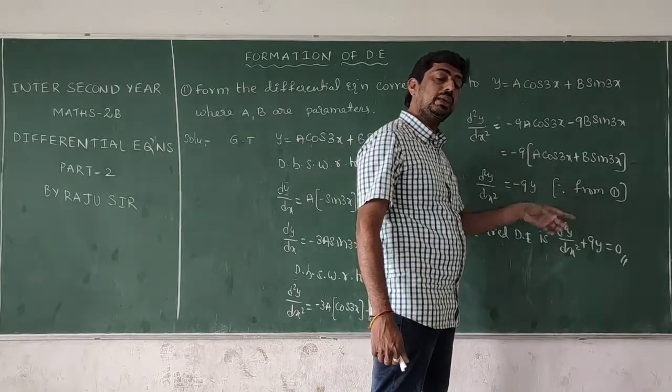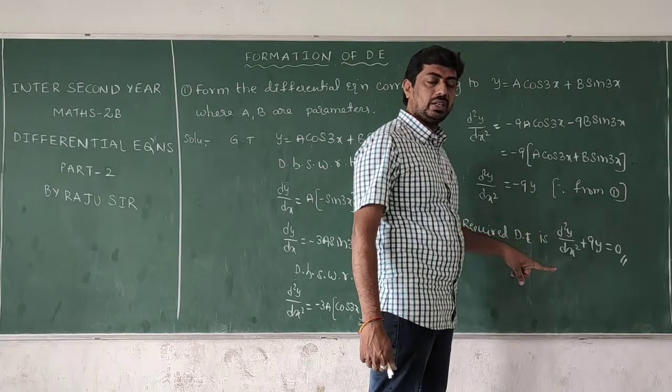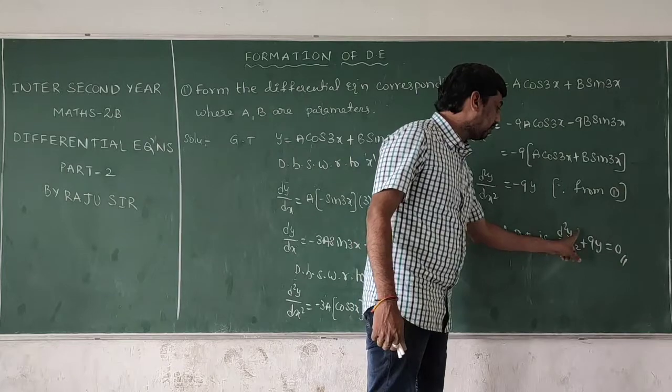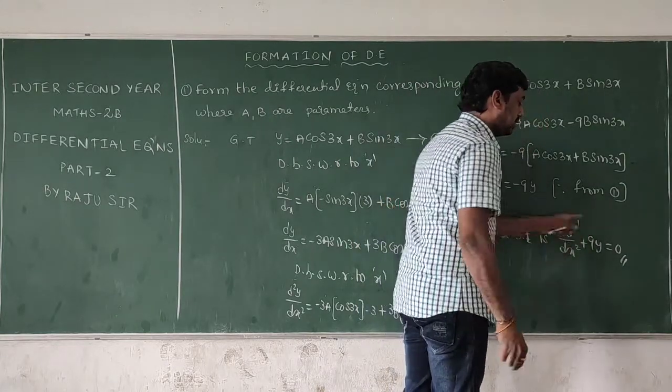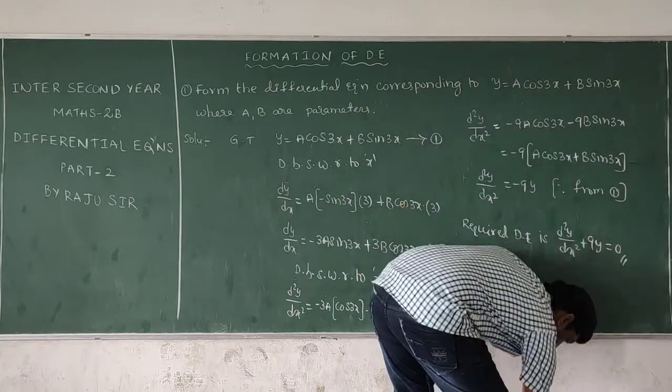The power of the maximum order derivative term is the degree of the given differential equation. That's why the degree is 1. Degree 1, order 2. Is it clear? Right. Write it down.